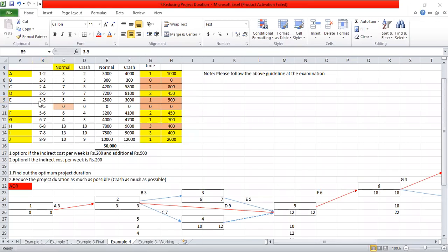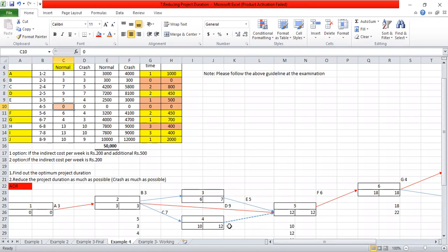Okay, now we have done up to the E activity. 3-5, the E activity, has a duration of 5. And for this 4 and 5, we have already found out that it is a dummy activity, with a normal time of 0.